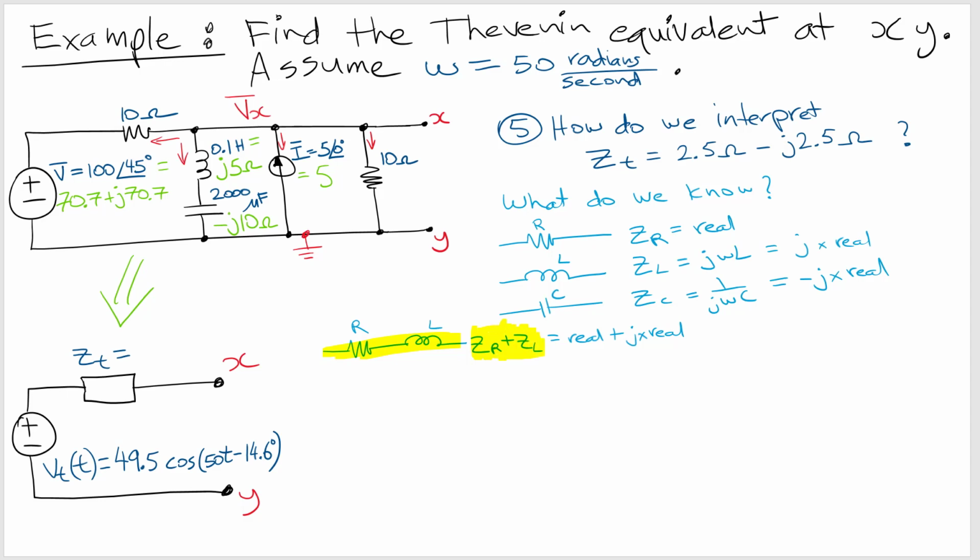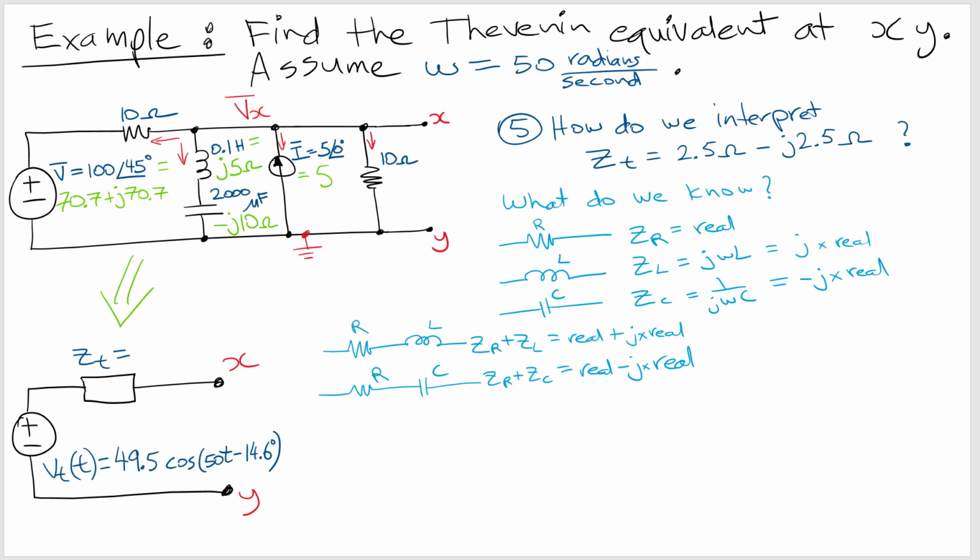So if we're drawing the Z equivalent, it'd be ZR plus ZL, right? And that results in a real number plus an imaginary number, a positive imaginary number.